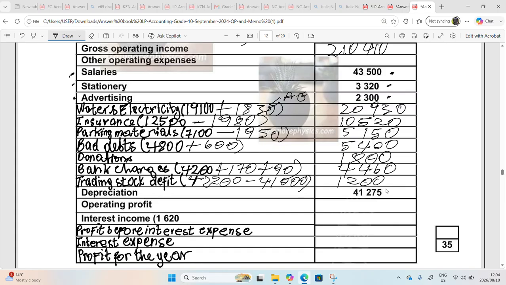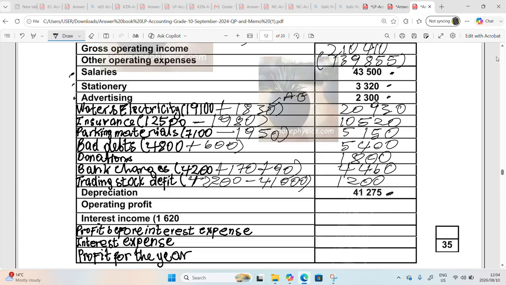All right, so those are our expenses for this example. Obviously you will have other expenses as well. Depreciation is already given, guys, we don't need to calculate anything. So please add all items starting from salaries, you go to depreciation, add all those expenses together, then you should get other operating expenses of 139,855.